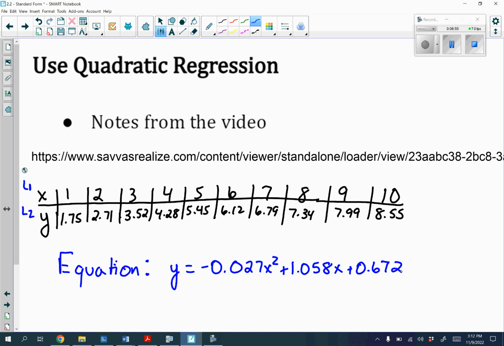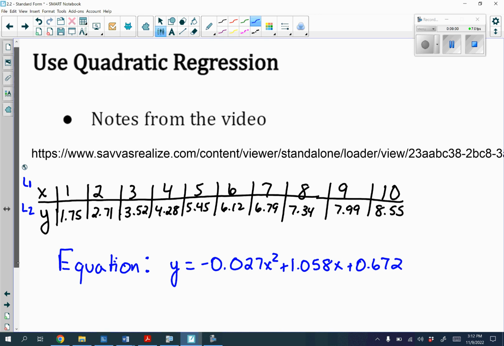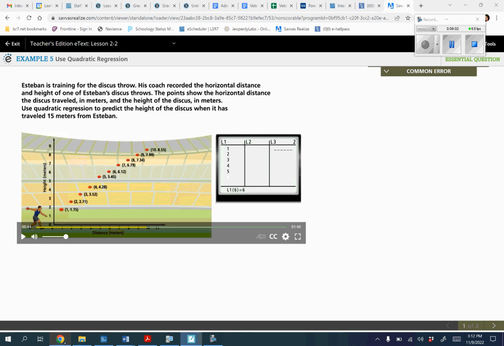Now I'm going to go back to the video because it did ask us for something other than the equation. Going back, it asked that we use the quadratic regression, which we just got, to predict the height of the discus when it traveled 15 meters from Esteban. So we need to talk about, what does this 15 meters represent? Is it the X or the Y values?